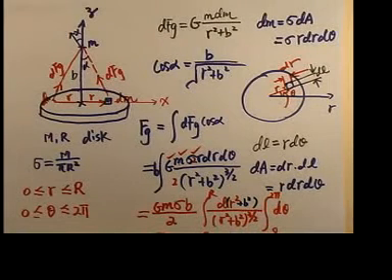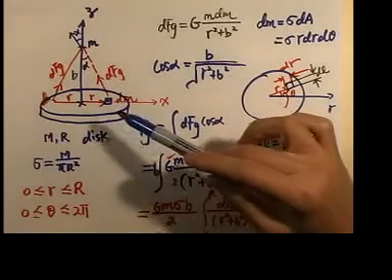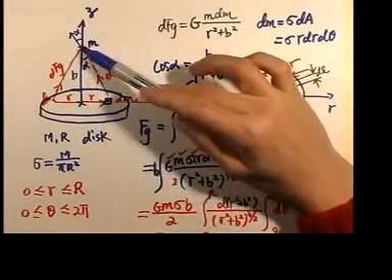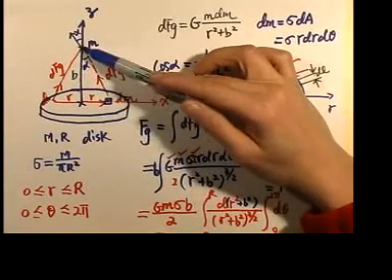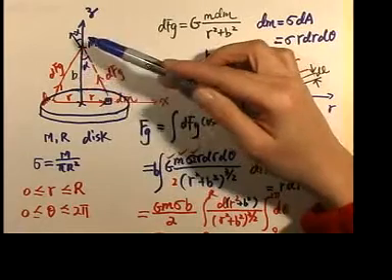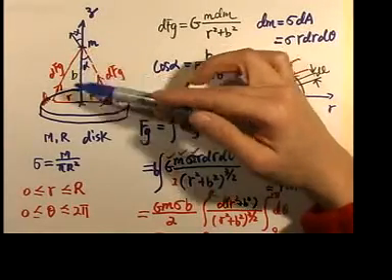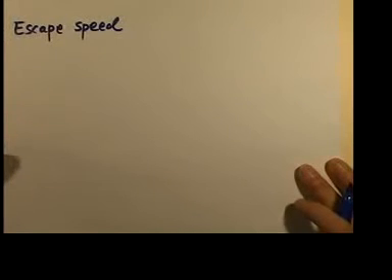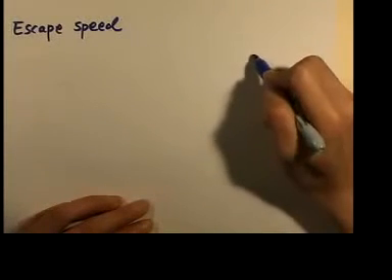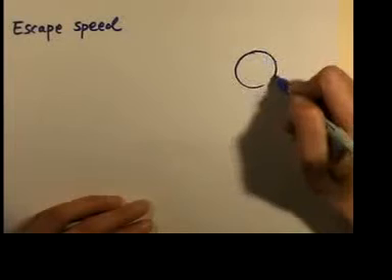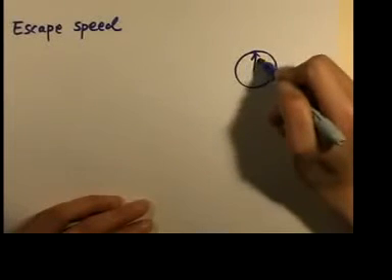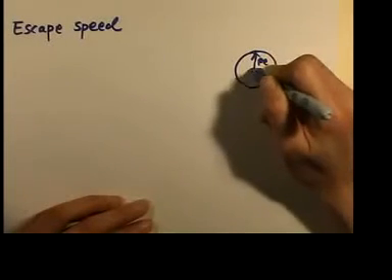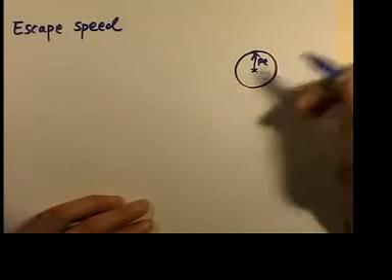So eventually you will be able to find the result of the net force between a thin symmetrical disk and point mass m, which is b distance on the z-axis, where the z-axis is perpendicular to the plane of the disk. Now let me introduce a concept called escape speed. For example, if this is Earth, and obviously this is the radius of the Earth, and we assume the gravitational attraction mass is concentrated right here.